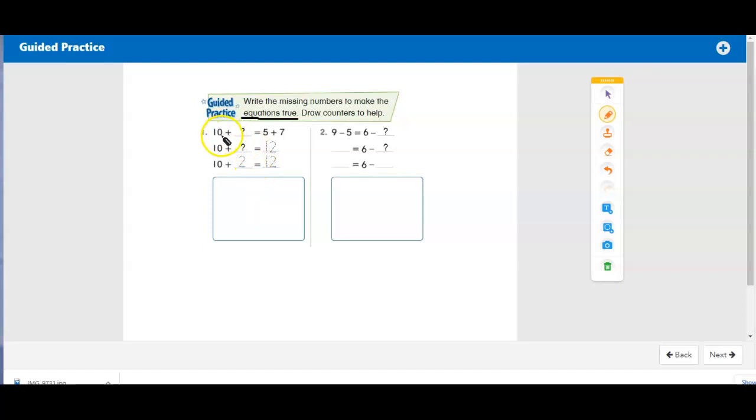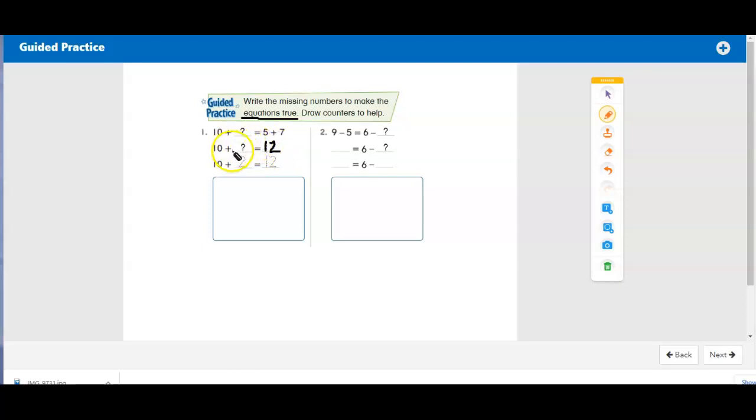So we had 10 plus blank equals 5 plus 7. Next, they solved for what 5 plus 7 was. So 5 plus 7 is 12. So now 10 plus blank needs to be equal to 12.